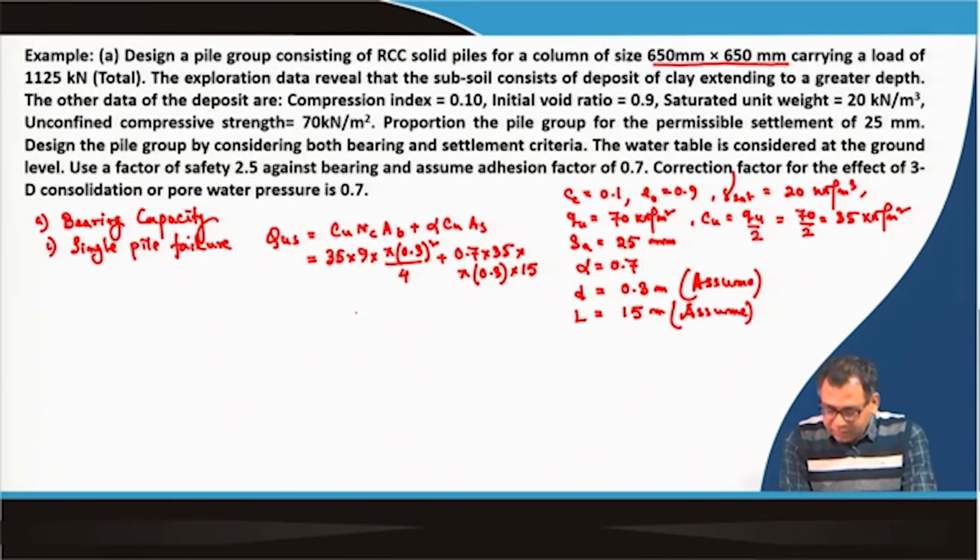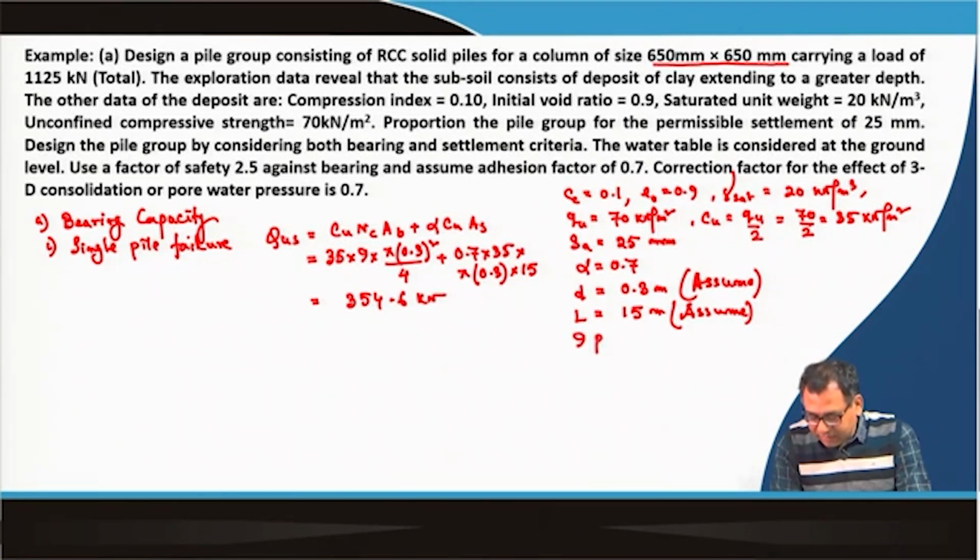So this value is 354.6 kilonewton, and we have made another assumption, that 9 piles in a square group.